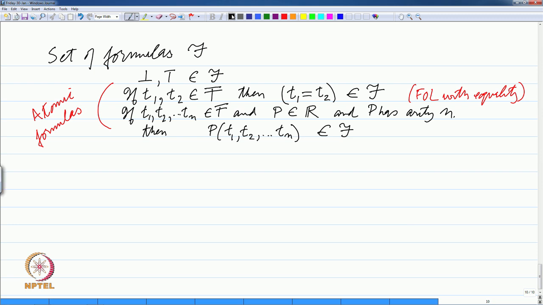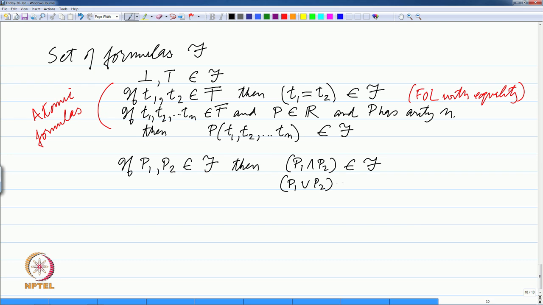Then there are other kinds of formulas which you can call compound formulas, which are built with the connectives and so on. So, if P 1, P 2 are formulas, then P 1 and P 2 is a formula, P 1 or P 2 is a formula, P 1 implies P 2 is a formula.